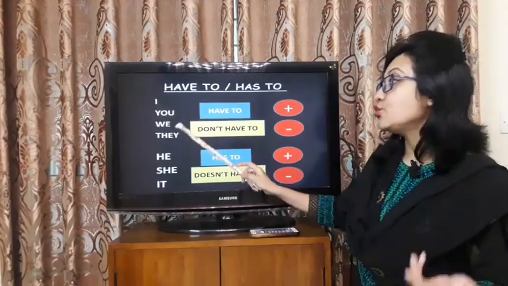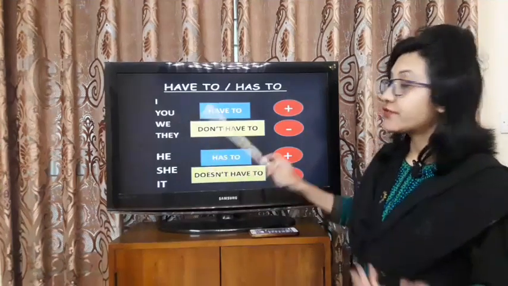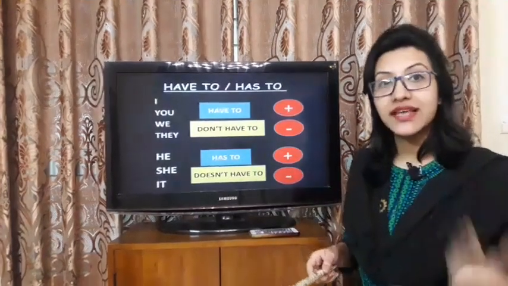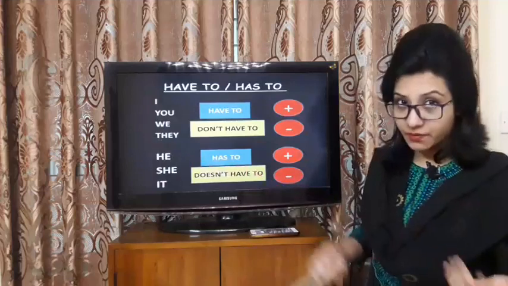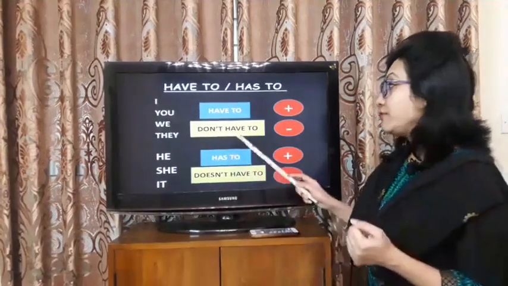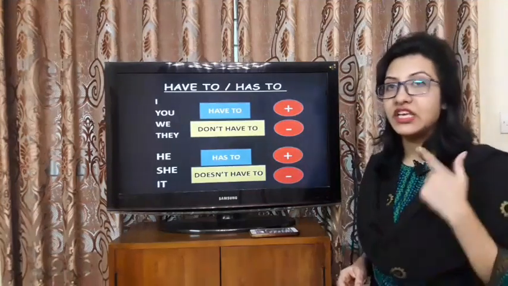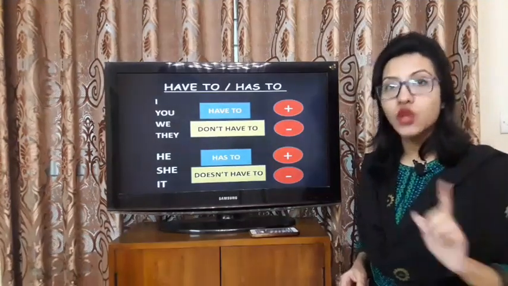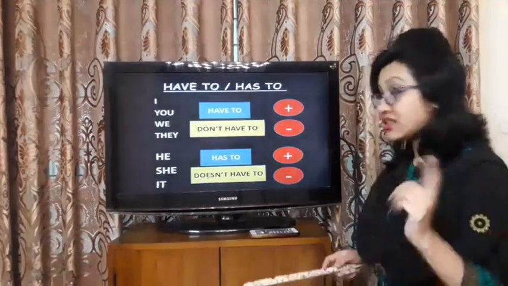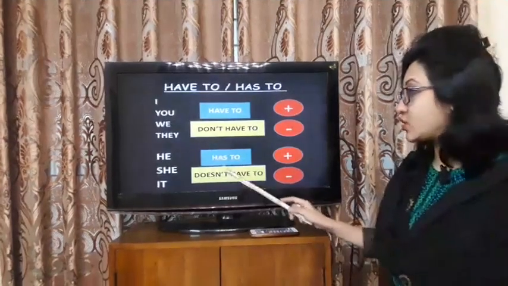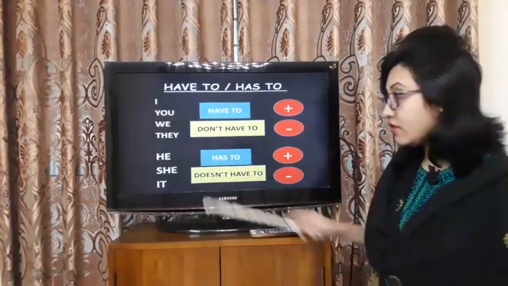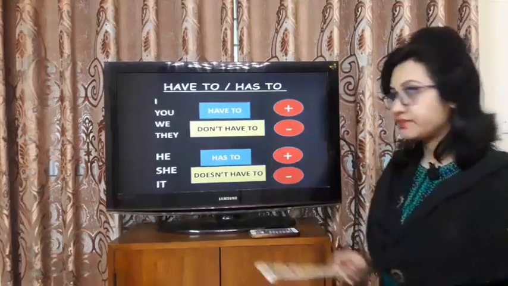So see here, I, you, we, they are first person and second person, also we have third person plural number in here. If you have third person singular number only, that means he, she, it, or any singular noun as the subject, only in that case we are going to write has to. For example, it has to be done.